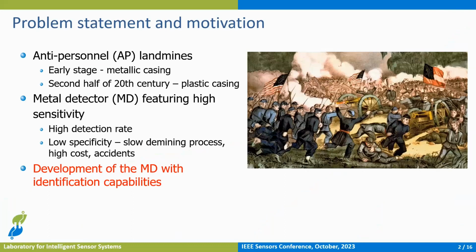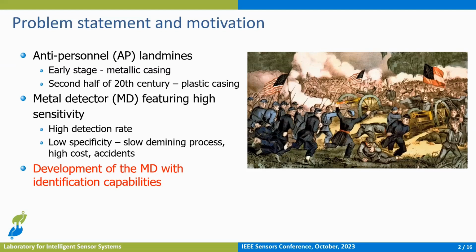In the early stage, they were produced with metallic casing, as such being easily detected with metal detectors. But as of the second half of the 20th century, plastic casing has replaced metallic casing, leaving them with very small metallic parts within.